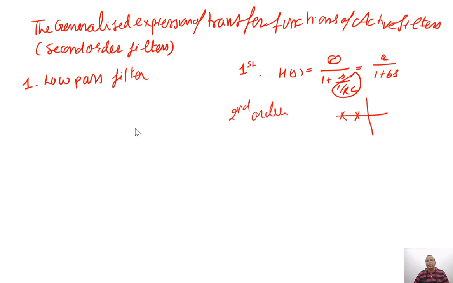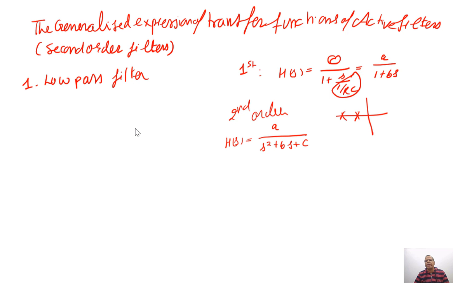The transfer function for that can be written as something like this: A, H(s). When you have two poles, the numerator will be constant because there are no zeros in the system. Then you can write it like this: s square plus bs plus c.